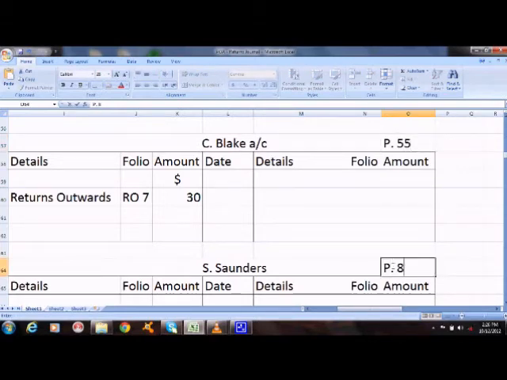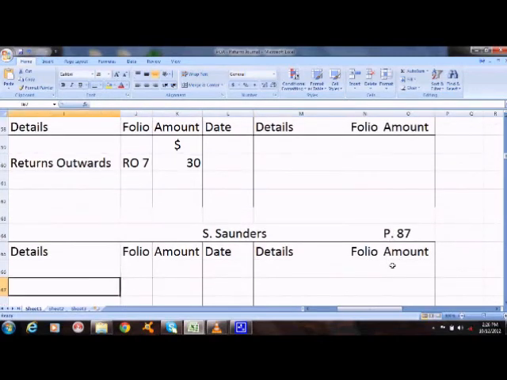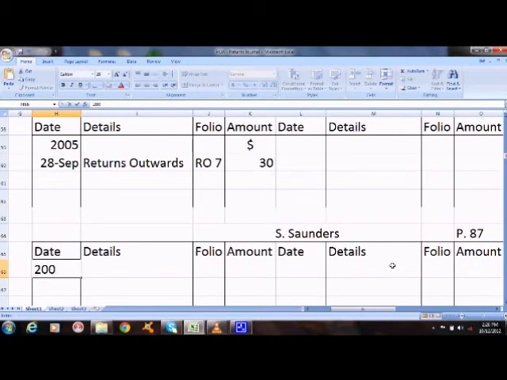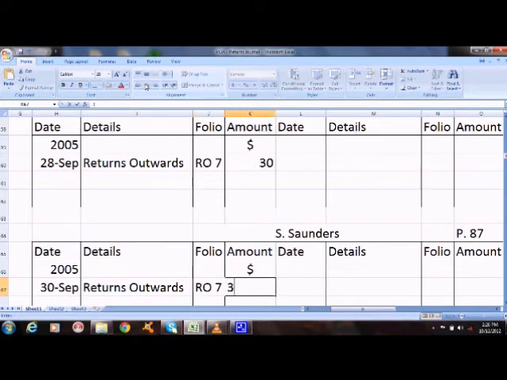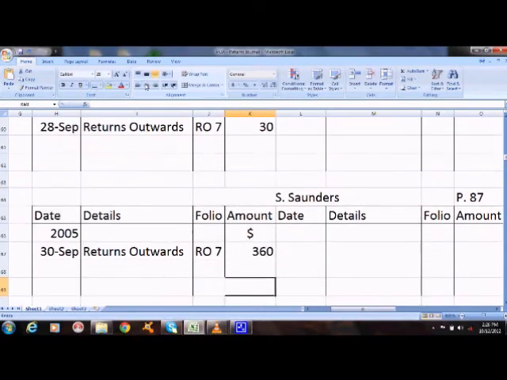Page 87 of the purchase ledger. 2005, September 30. Returns outwards, RO7, and the amount is $360.